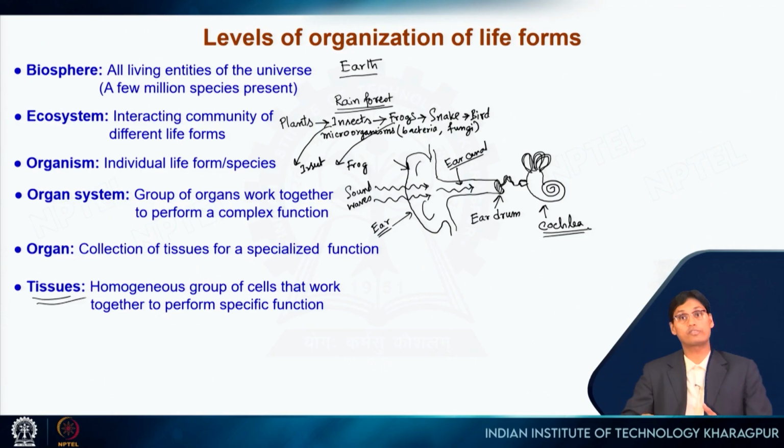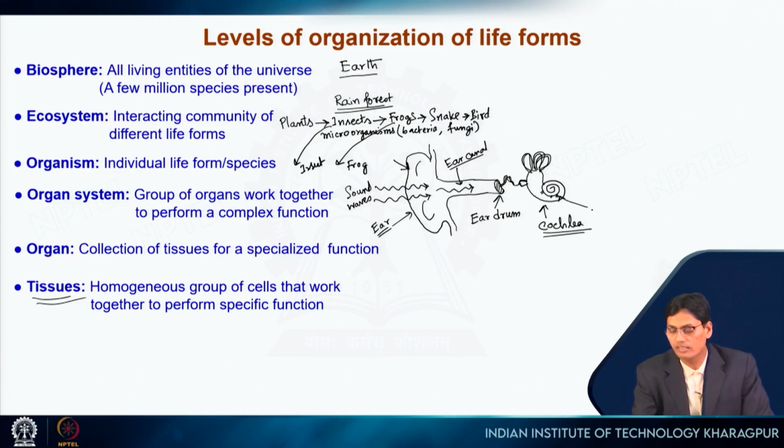They have some specific function, right? As a result, now this sound wave reaches this cochlea, and this cochlea is filled with some liquid, and the liquid present inside the cochlea will ripple, it will make some kind of wave inside the liquid, and there you have some specialized cells.